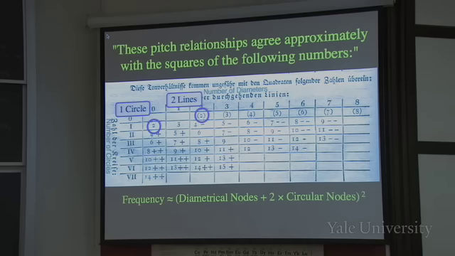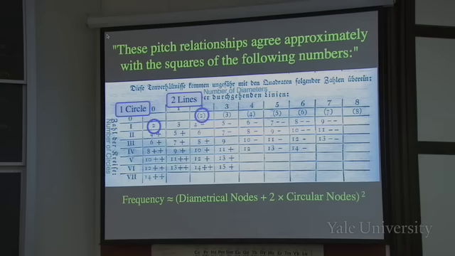So for example, you could have 2 diameters or 1 circle. Both would give the number 2, which you then square, right, to get something proportional to the frequency, right? So there are 2 different ways to get the same pitch. Okay, that's what's crucial, either rings or lines.